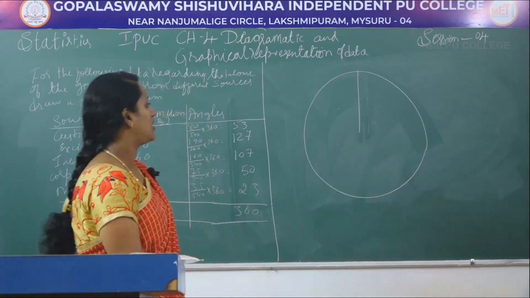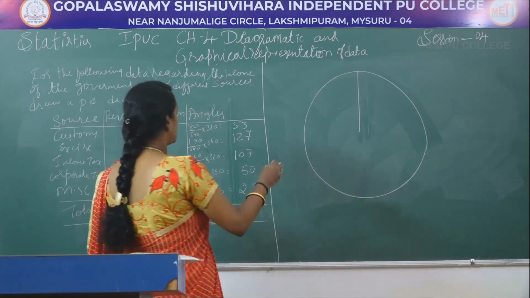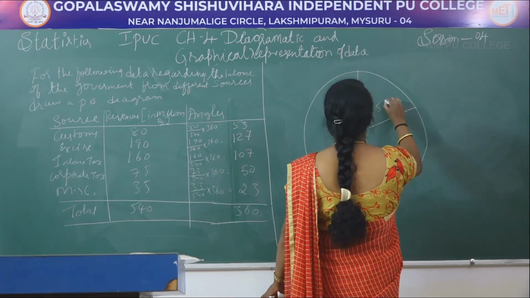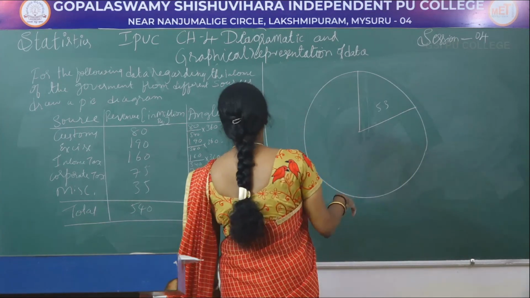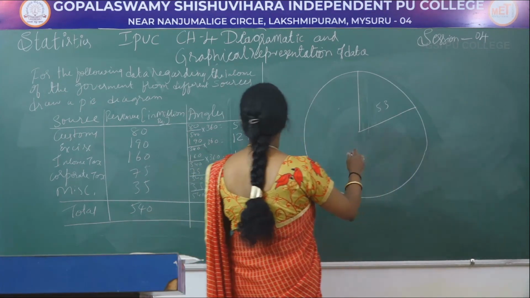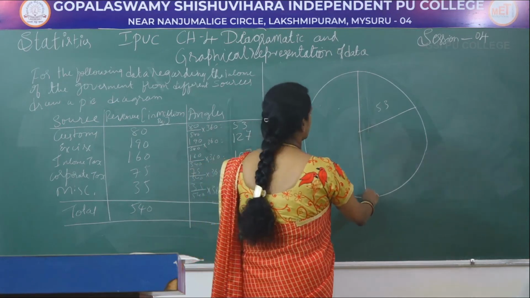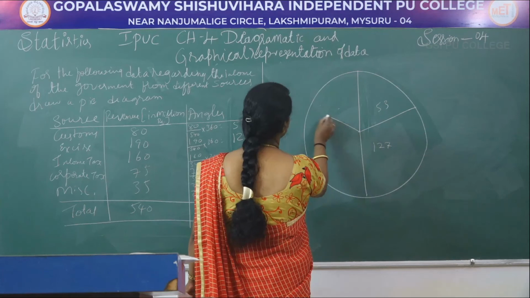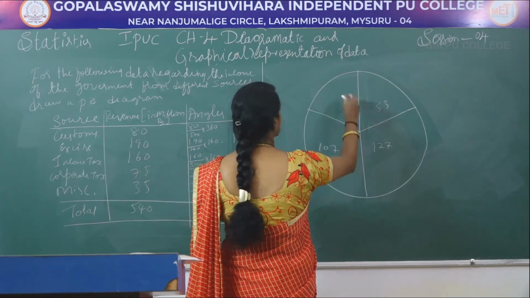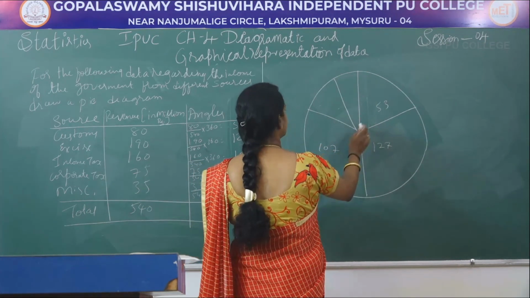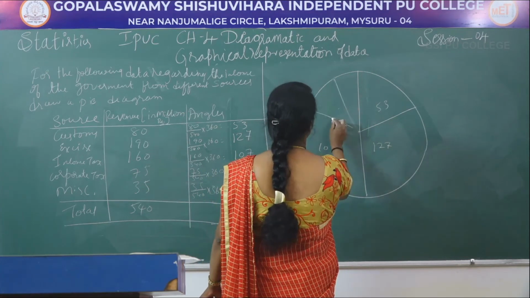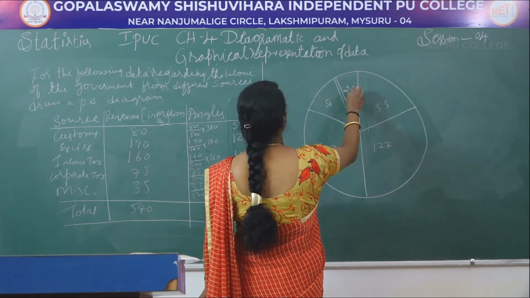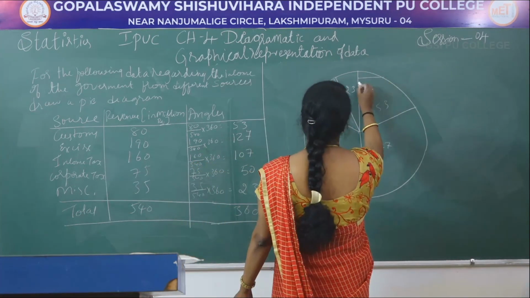So this is the circle. In this, the first one will be 53. Next is 127. Next 107. Next it is 50. And this is 23. So give different shapes, shades, for this.